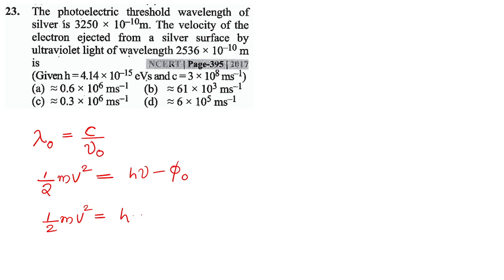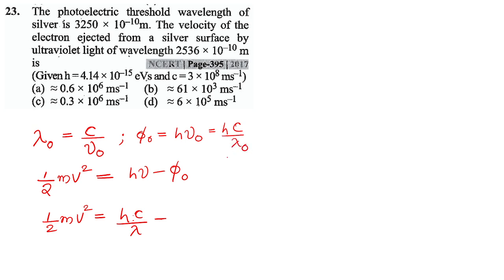Mu is not given. Mu is the frequency, c by lambda. And phi 0, I have explained in the previous classes, phi 0 is equal to h mu 0, and h mu 0 becomes hc by lambda 0.